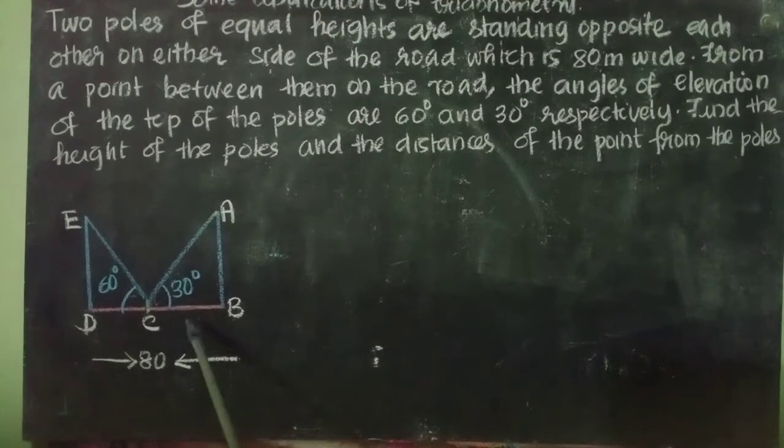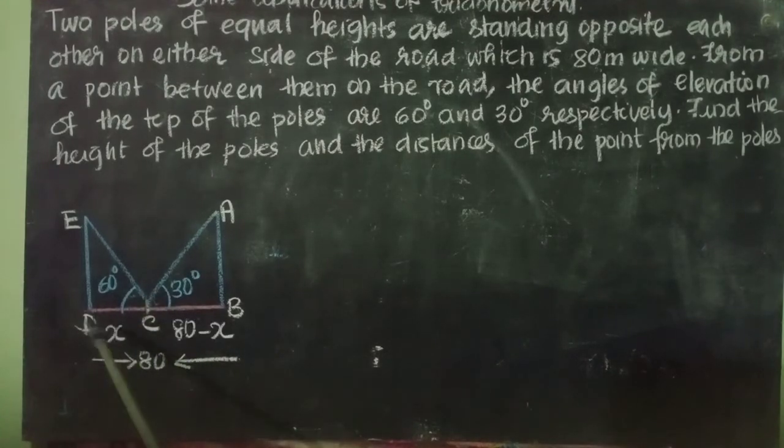So let us give any one of them be x. So I gave this CD is x. Since CD is x, this BC we can write as 80 minus x because it is given the total is 80.